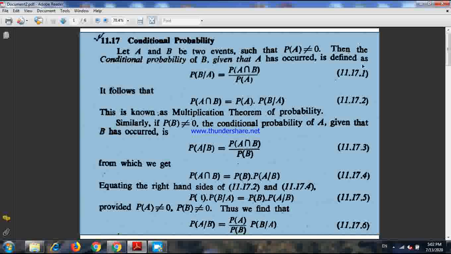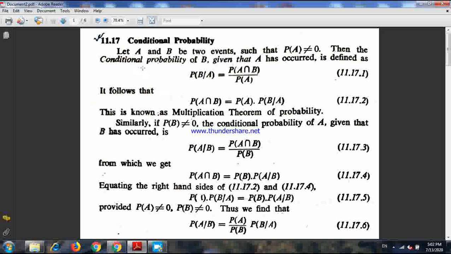See the definition of conditional probability. If A and B are two events such that P(A) is not equal to 0, then the conditional probability of B, given that A has occurred, is defined as P(B given A) equals P(B intersection A), or A intersection B, same thing, divided by P(A), and definitely P(A) not equal to 0.